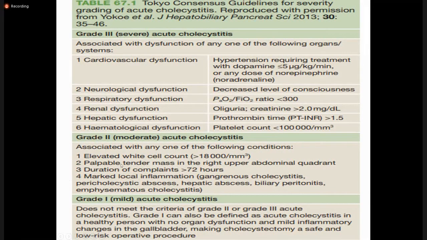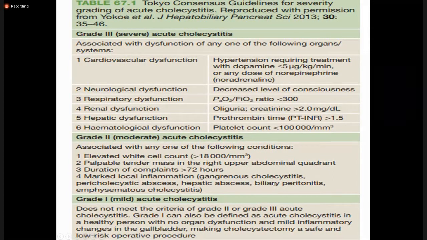In grade 2, acute cholecystitis is associated with any one of the following, apart from right hypochondrial pain and nausea and vomiting: an elevated white cell count of greater than 18,000, a palpable tender mass in the right upper quadrant, duration of the complaint greater than 72 hours, and a marked local inflammation in the gallbladder.